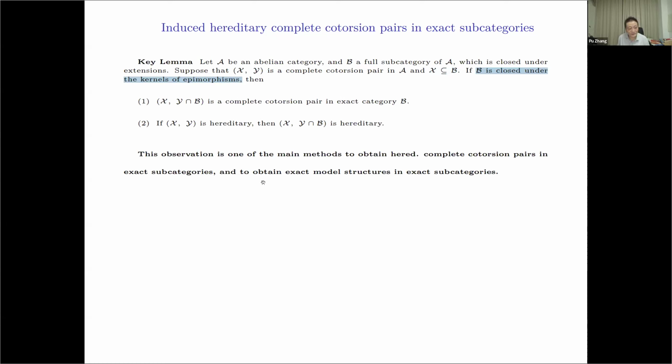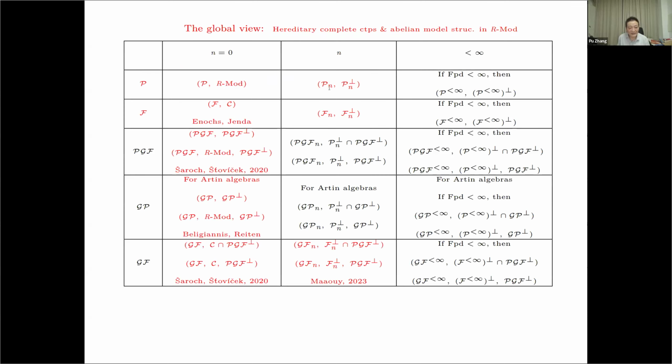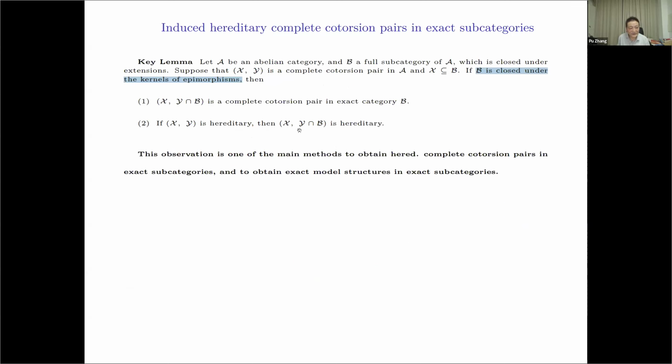This is the main method we use to obtain cotorsion pairs in exact subcategories. So remember, we have all these cotorsion pairs, then we try to apply this lemma to all these exact categories.